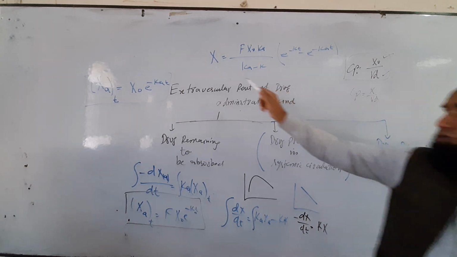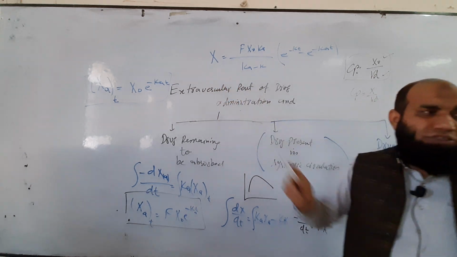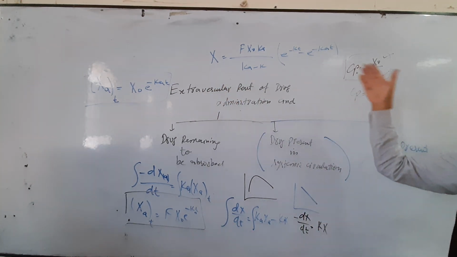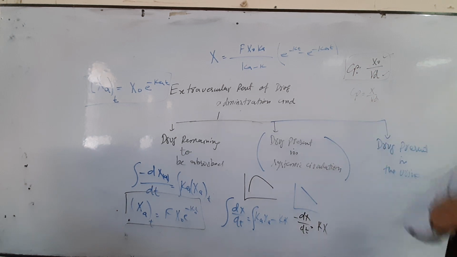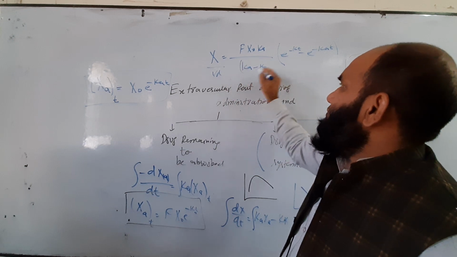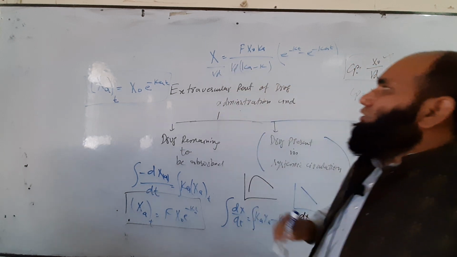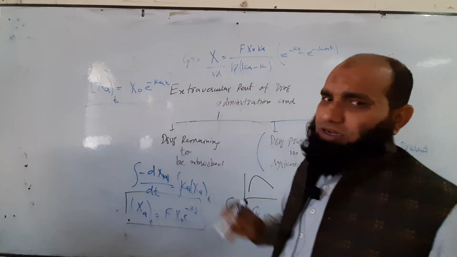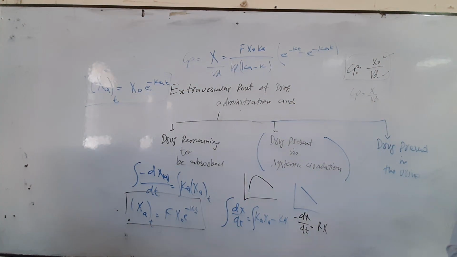So when we want to convert this X into Cp, we have to divide the whole equation by the Vd. X over Vd, and this will also be over Vd. So the Cp is equal to, now this equation is the final equation for the plasma concentration.